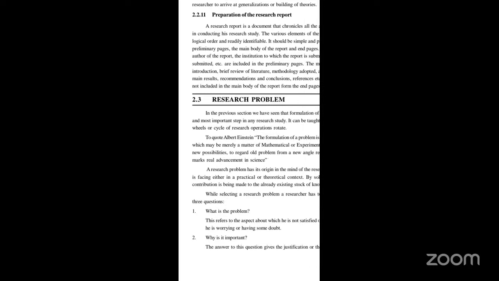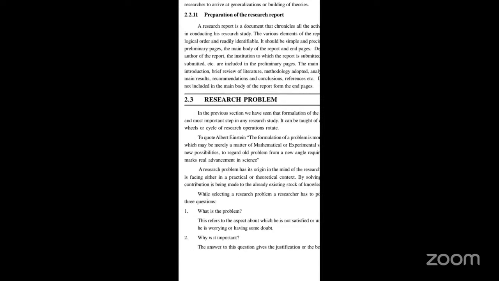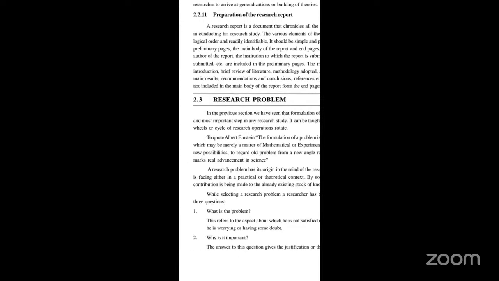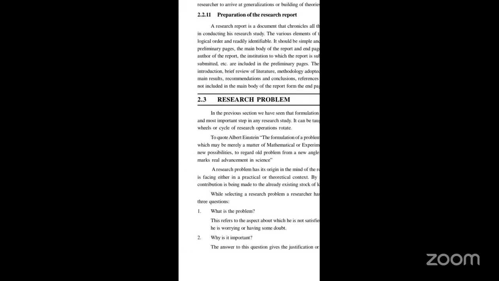So what is a research problem? We have seen that the formulation of the research problem is the first and most important step in any research study. It can be thought of as the axis around which the wheels or cycle of research operations rotate.